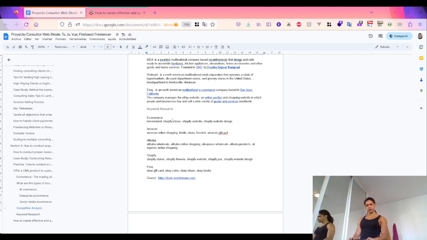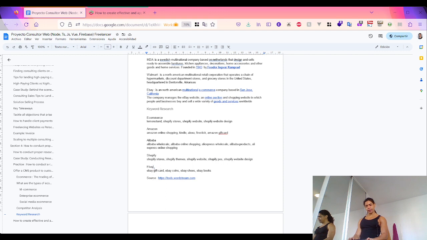So you have, for example, e-commerce is hugely Shopify, Shopify website design, Amazon, online shopping, Kindle, Alexa, and Fire Stick, gift cards. Alibaba is kind of the same, Alibaba products. Shopify is more for stores, themes, websites, and point of sale, POS.